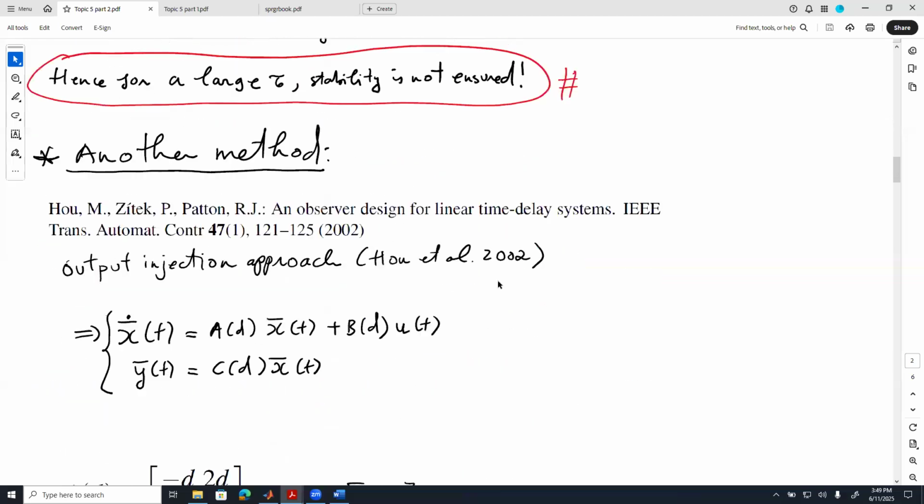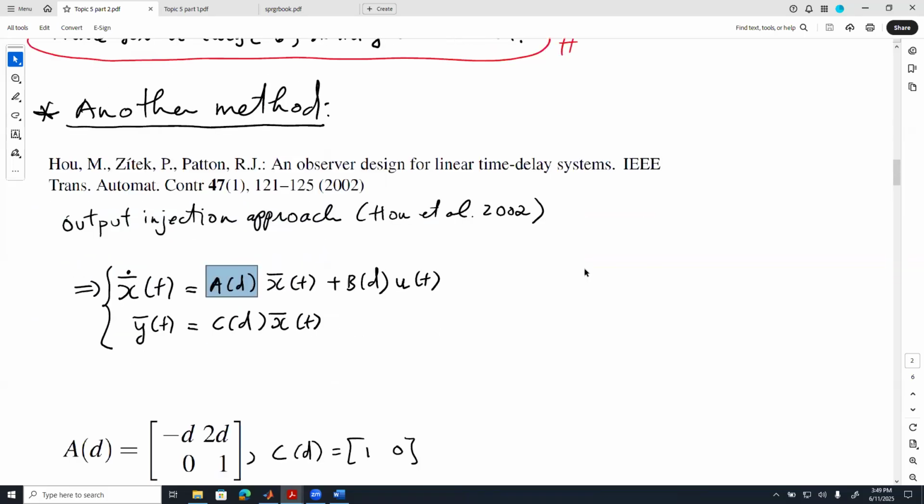And so we like to call it an output injection approach. What is it about? It's basically introducing a delay operator where the time delay is expressed in terms of a matrix with argument D, where D stands for the delay tau. And so it also applies to systems with multiple delays in the output measurement vector.